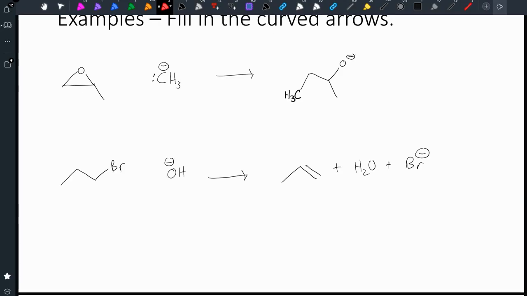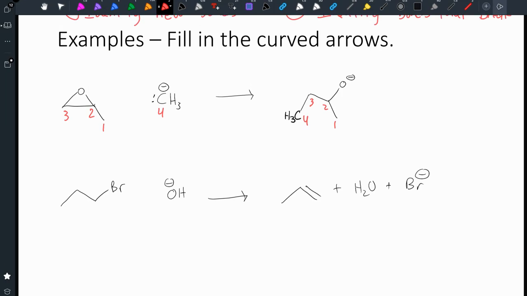All right. Again, numbering is going to be helpful. So I'm going to take this and do 1, 2, 3, and 4. And now I'm guessing that this is 1, 2, 3, and 4 in the product. All right, so what bonds break?